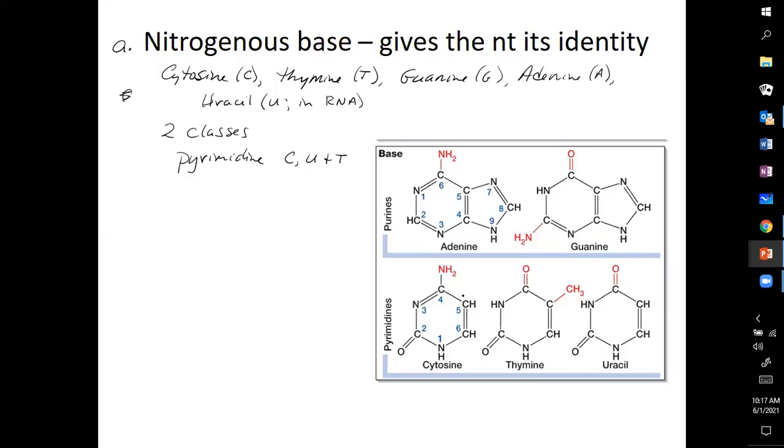These are characterized by a single ring structure, which is what the pyrimidines have in common. The purines are the other class, and they're a more complex structure. There's a double ring structure, and adenine and guanine are the purines.